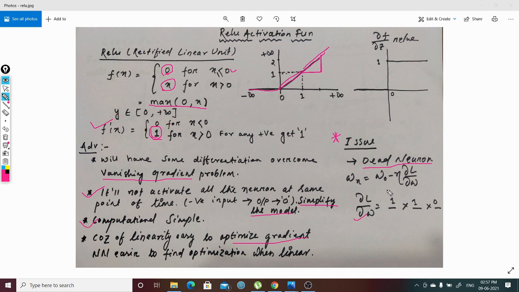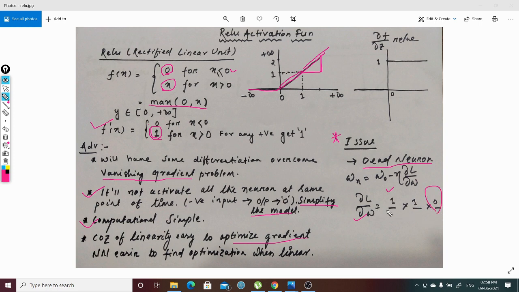As you can see, the ReLU activation function will provide only two values. There is no range. You just get one for any positive or zero for any negative. So suppose one value we get is zero.